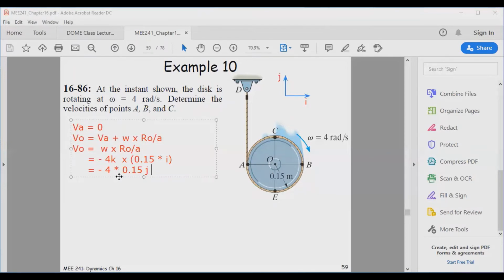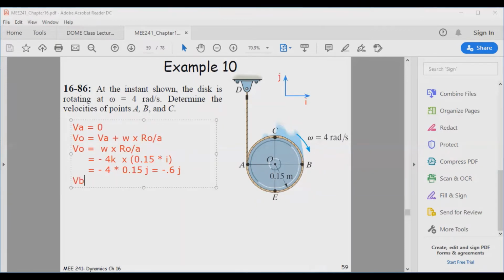How about if I want to find the velocity of point B? The same thing. Exactly. Only the R changes. So if I use the velocity equation, I'm going to have to choose this different point.